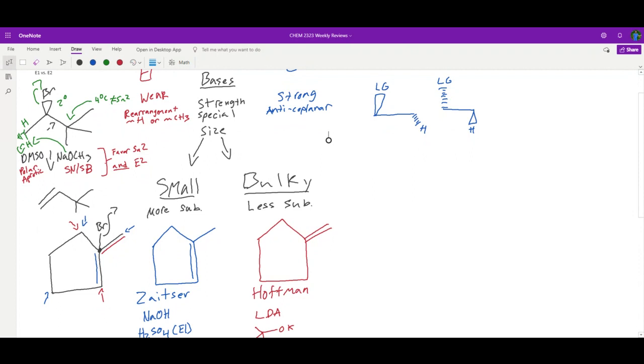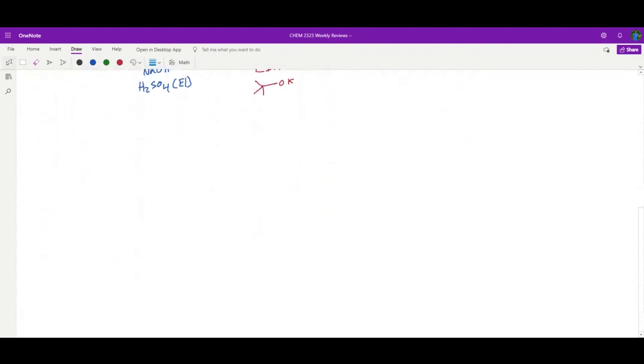All right. So let me explain a little bit about the anti-coplanarity with an example now. So I'm going to scroll down. Then I'm going to draw an example. So let's say we have this structure right here.